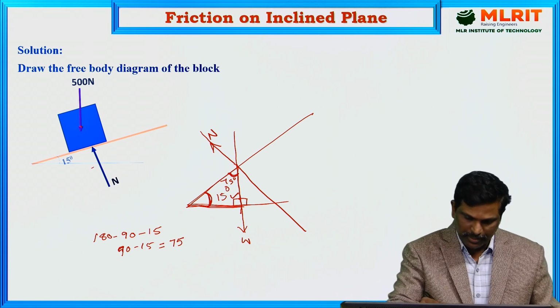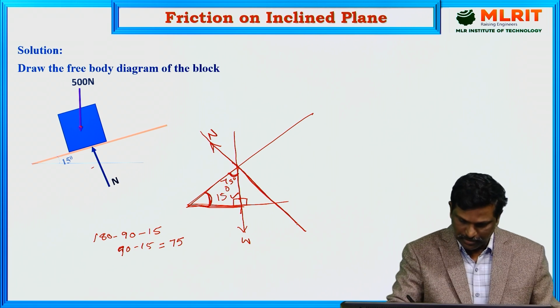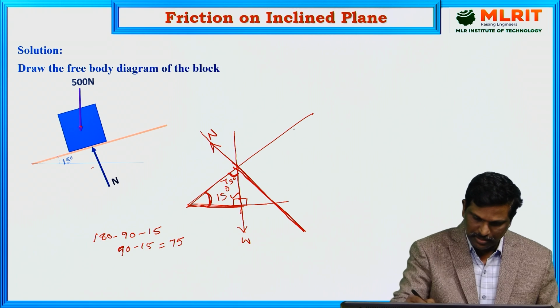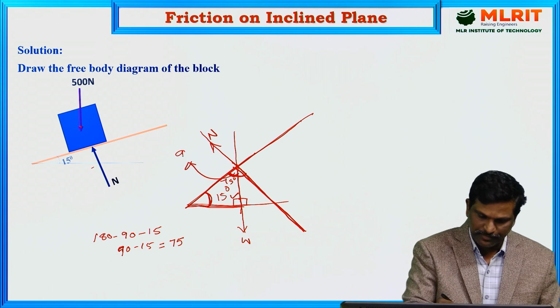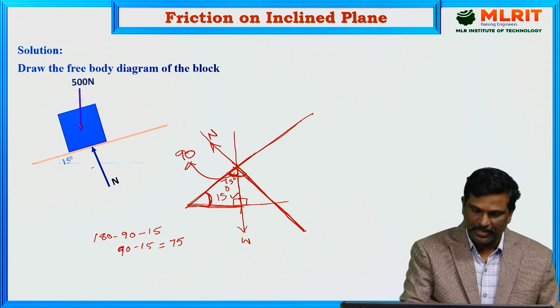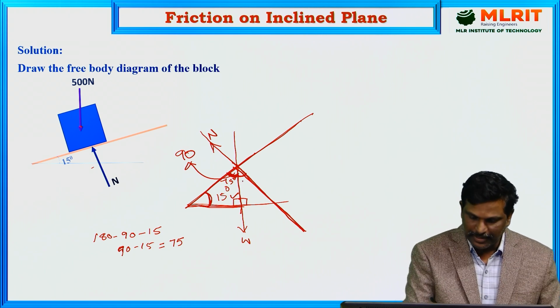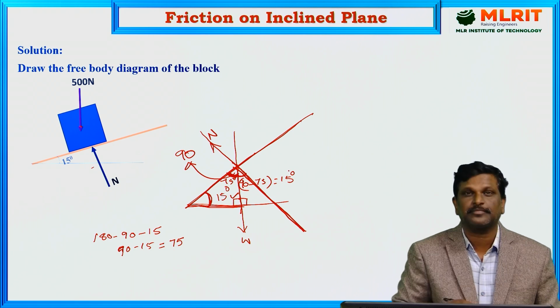And we know that the normal reaction is perpendicular to the plane. So the total angle between these two is 90, and the angle made by the plane with vertical up to this portion is 75. So the remaining angle here is 90 minus 75, which is equal to 15 degrees.